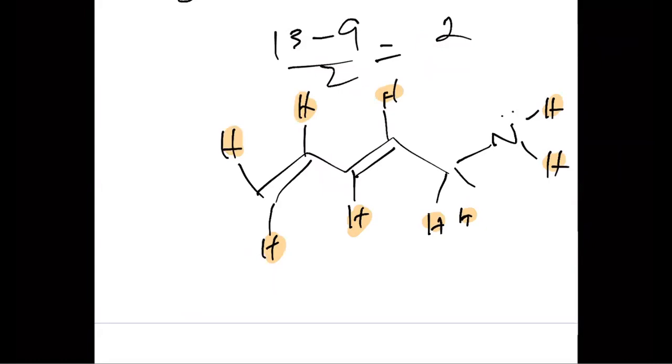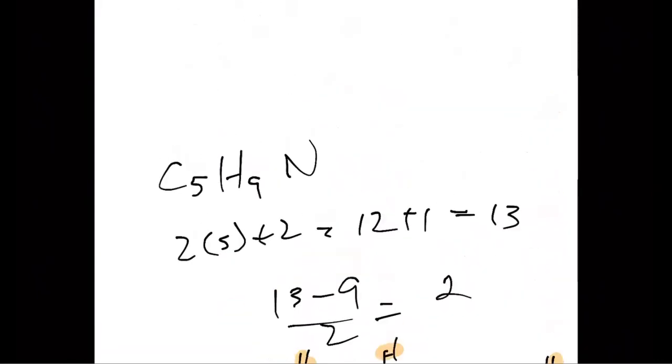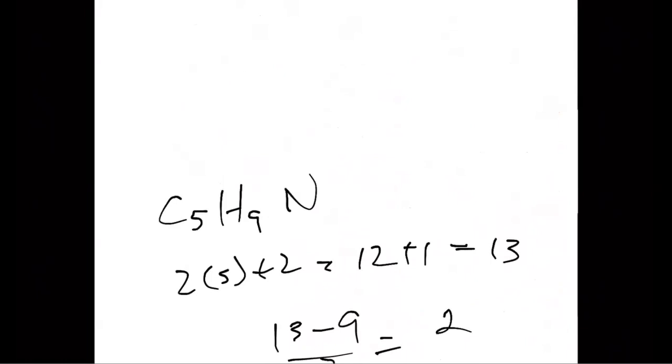Yes. We have a 5-member ring also, right? Because the degrees of unsaturation is rings and/or pi bonds. Let me quit saying double bonds. So we can also think about a 5-member ring like this.